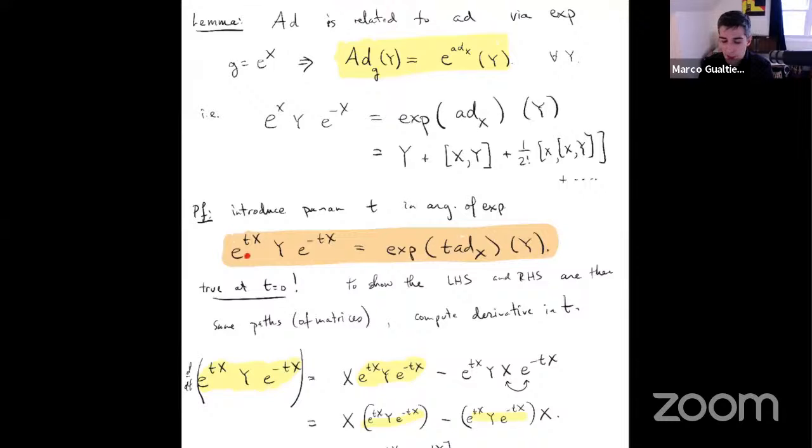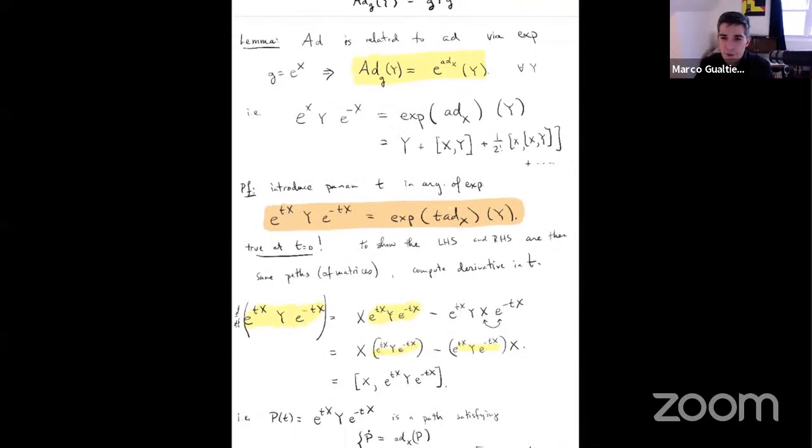The left hand side is the Heisenberg picture evolution of the operator Y, and that is the exponential of the little ad of the generator acting on Y. The generator here would be the Hamiltonian, and if the Hamiltonian commutes with Q, then the right hand side is just Q.